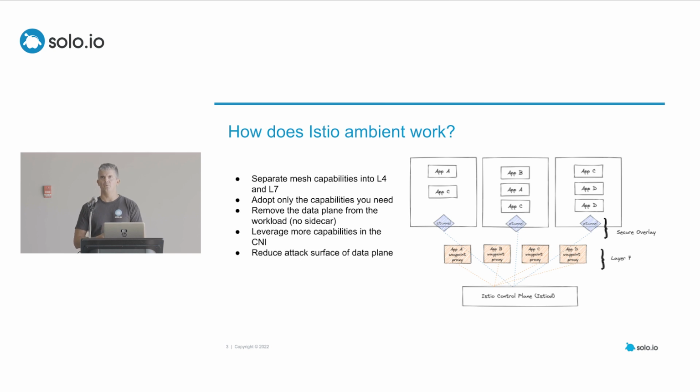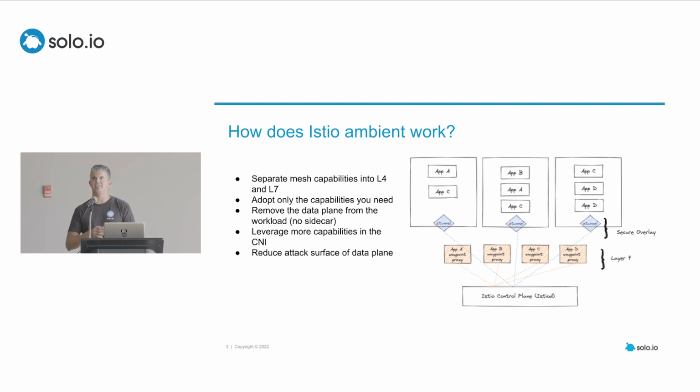And to do that, we've layered the ambient data plane into a secure overlay layer, which handles, I think Louis mentioned this in the morning, just focusing on making the connections and establishing authentication and mutual TLS for those connections. We can also enforce authorizations at this level. So service A can or cannot talk to service B based on its identity. And so we use the cryptographic identity that you would see in Istio's sidecar model. We also use that same method in the ambient data plane as well.